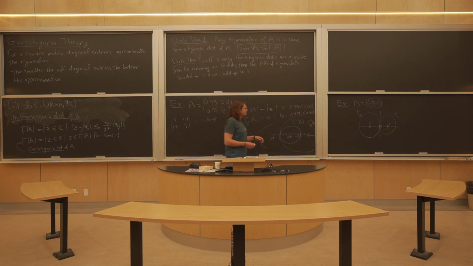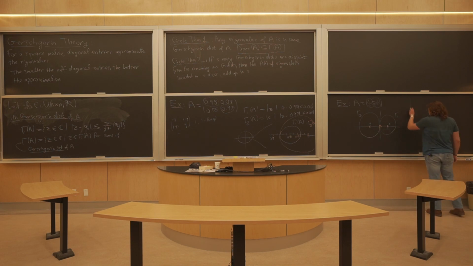But of course, the Gerschgorin theorems also give you a convenient way of distinguishing when a matrix is not invertible, right? Because you can take a matrix, look at the Gerschgorin disks, and if none of these disks contained the 0 in the complex plane, that means that your matrix is invertible.